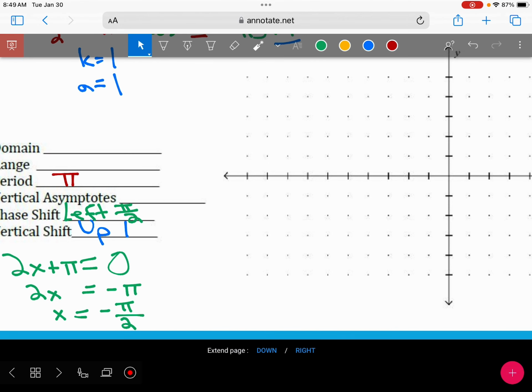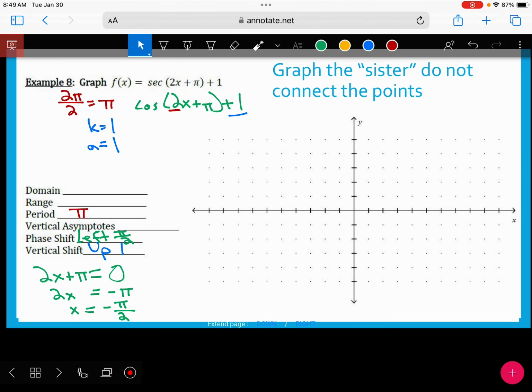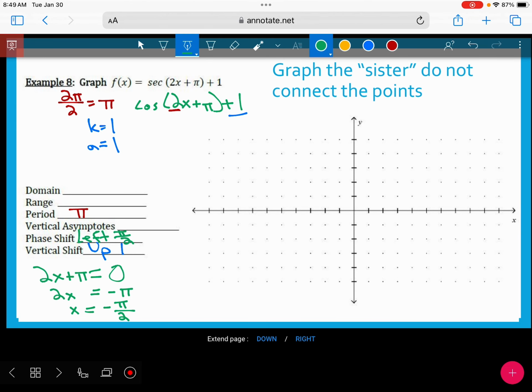So remember, once we know our phase shift, we're going to make our first tally mark at negative pi over 2. From there, we look at our period, and our period's pi. So we're going to jump forward by a period. Here, since it's only pi, that's only going to be 4. Our jump's going to be half as big.